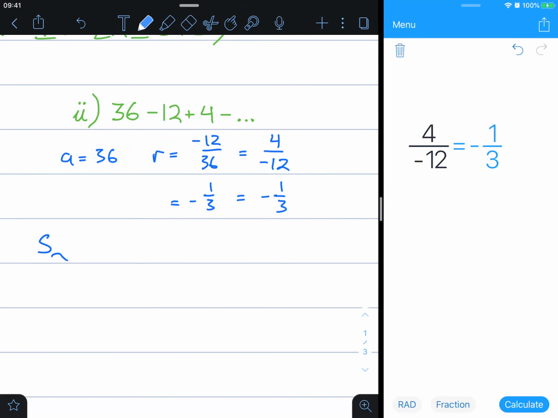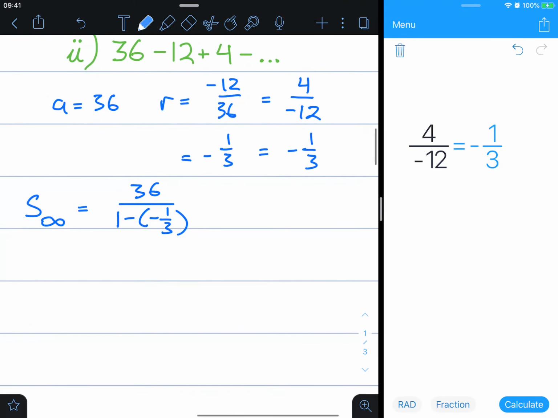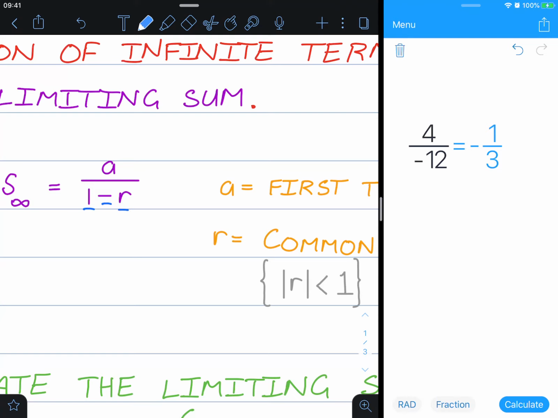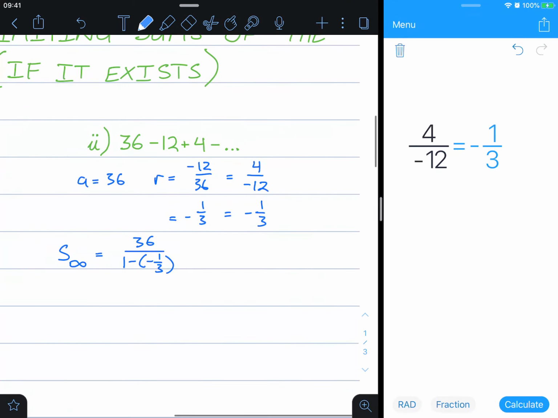So the limiting sum, S infinity, is equal to the first term, 36, divided by 1 minus negative 1/3. That's a common error that students make: the formula is already 1 minus r, but the ratio is negative, so it's going to be 1 minus negative 1/3.